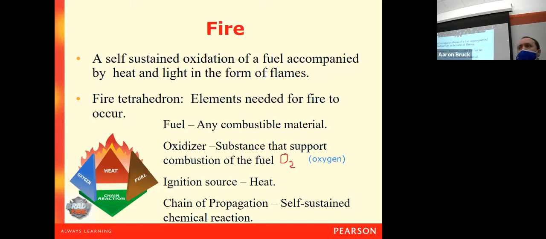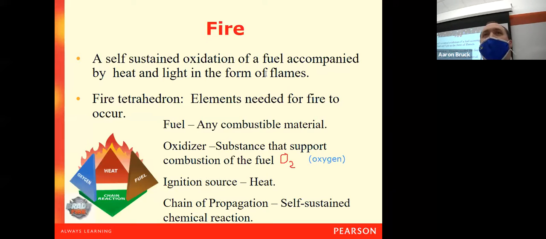Before that, all 4 are present. You've got the fuel, the candle itself, the paraffin wax. You've got oxygen from the air around it. You've got heat coming from you lighting the candle.